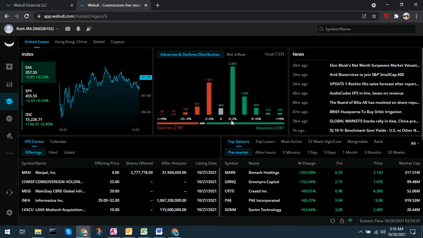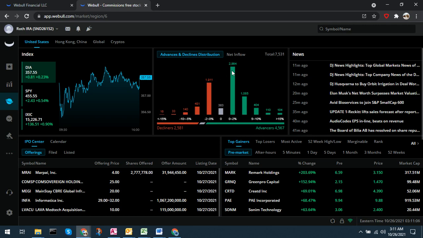You can see how many advanced 2%, how many advanced 5 to 10%, how many advanced greater than 15%, and likewise declined up to 2%, 5 to 10%, and 15%. So not only does it give us a general direction, but also a distribution. Do we have some very high advancers, very high decliners, or is it mostly a bell curve with most of them in the center?